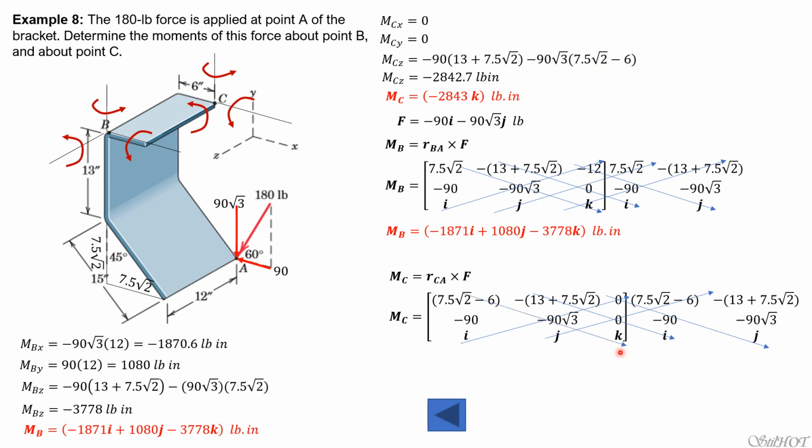Then in that direction, negative of negative 90 times negative, so that's negative. Negative 90 times quantity 13 plus 7.5 square root of 2, which is the same as that. So therefore, the answer for moment at C is the same in vector form: negative 2843 pound inches. And that's the final answer. I hope that you got the point.